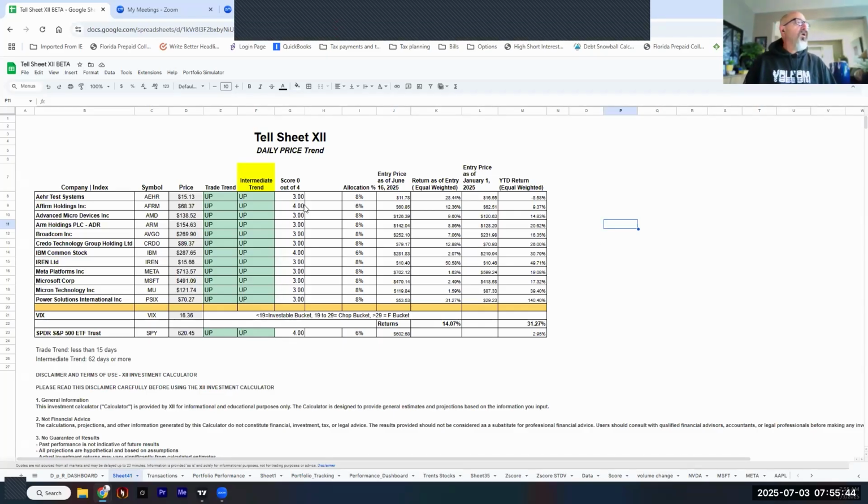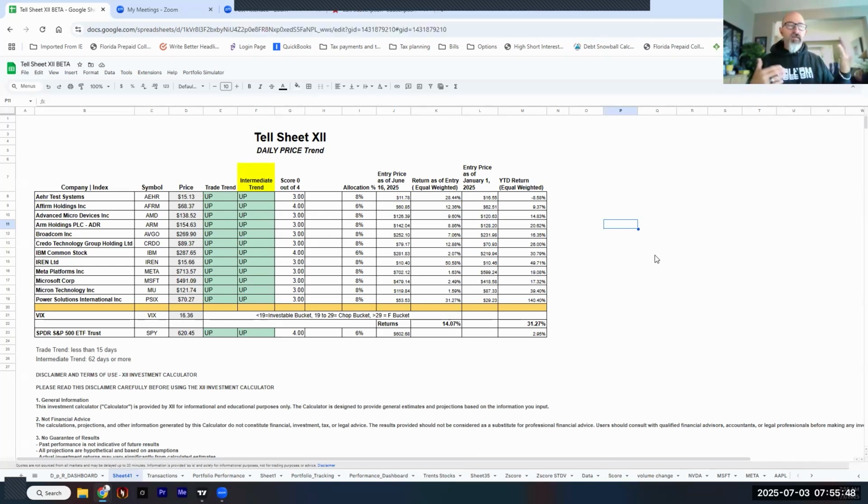What the score of 4 is telling me is that the stock is getting towards a resistance level. It's made its move up, and now we're into a resistance level, and that's where price, volatility, and volume come into my calculation. And so I reduce risk by reducing the percentage of allocation there.